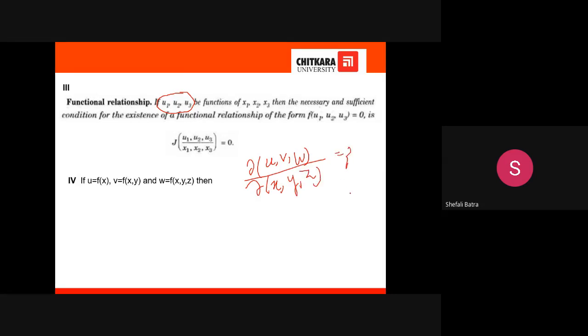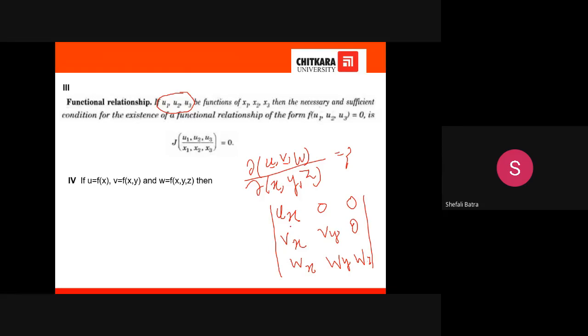If u is a function of x, the derivative of u with respect to x would be ux. The derivative of u with respect to y would be 0, and with respect to z would be 0, because u is a function of x only. Similarly, v is a function of x and y, so you will have vx and vy, and that is 0. And here wx, wy, wz.